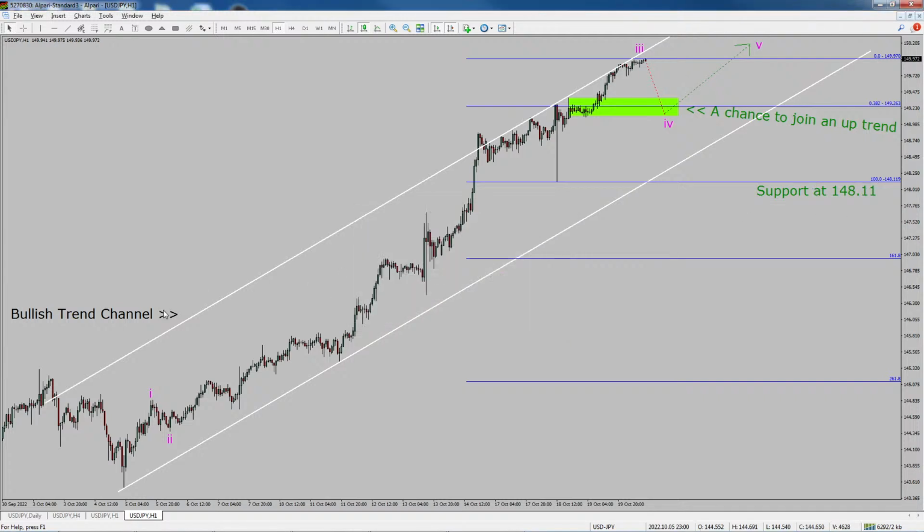So we have this support, and based on the 1 hour bullish trend channel, I expect further upside in USD/JPY.